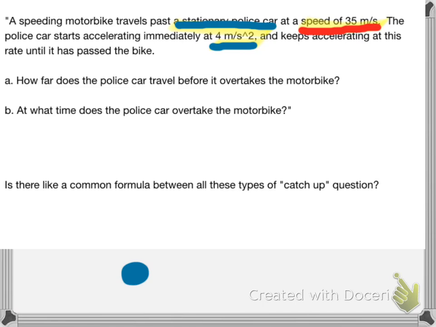Okay, so let's look at the situation now. Let me try and depict it. Alright, so this little dot represents the police car.